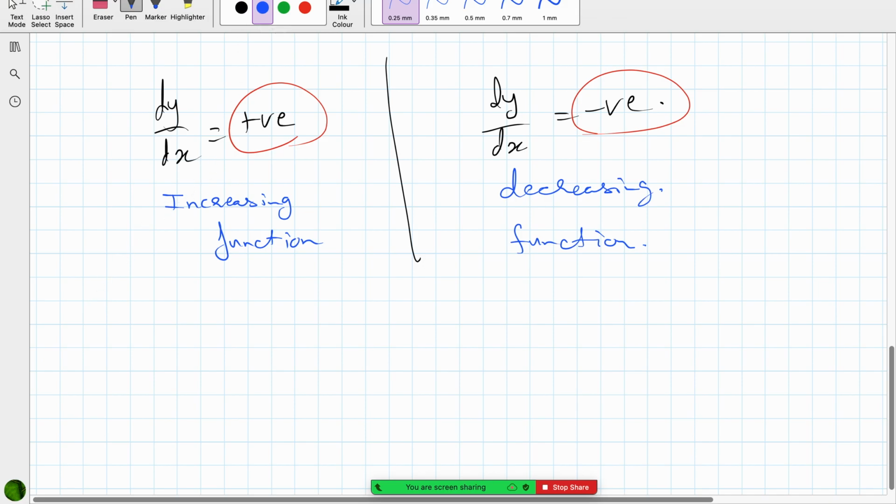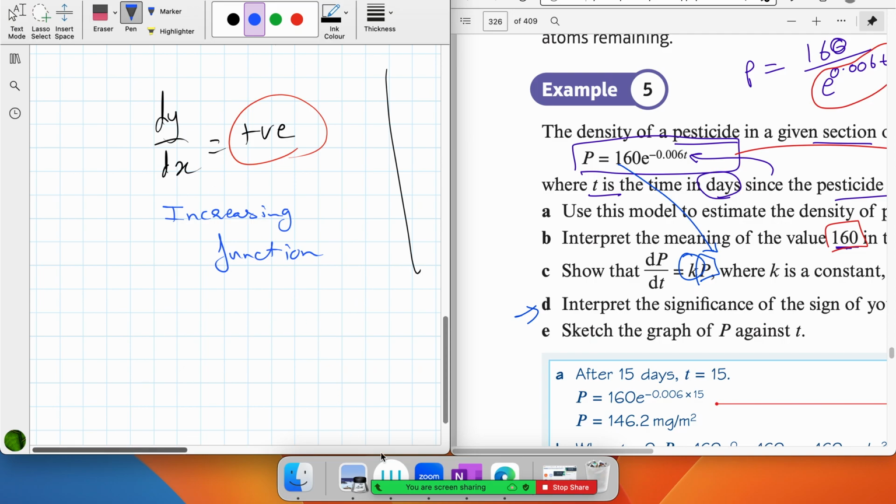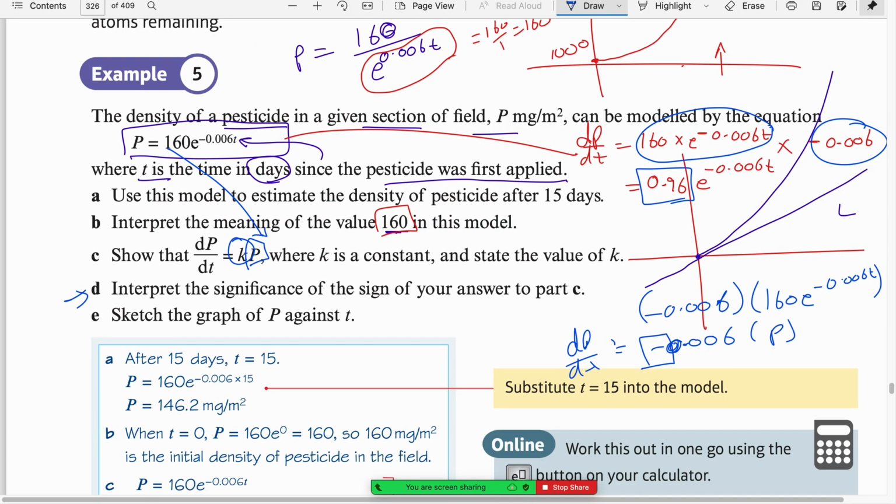This is what it means. And then the double derivative would tell you if the turning point is a maximum or minimum.